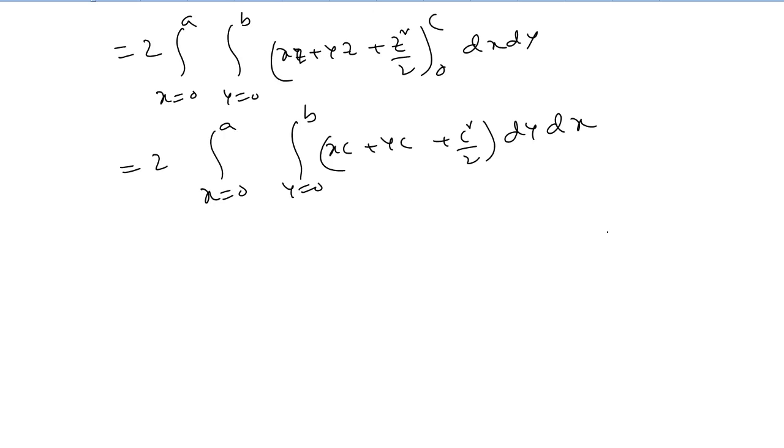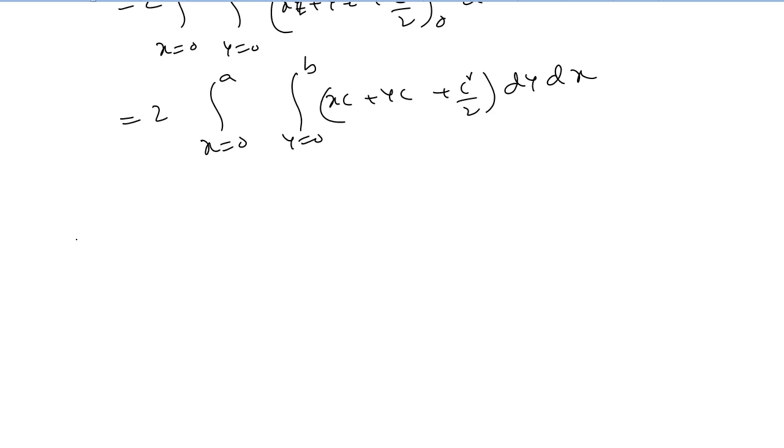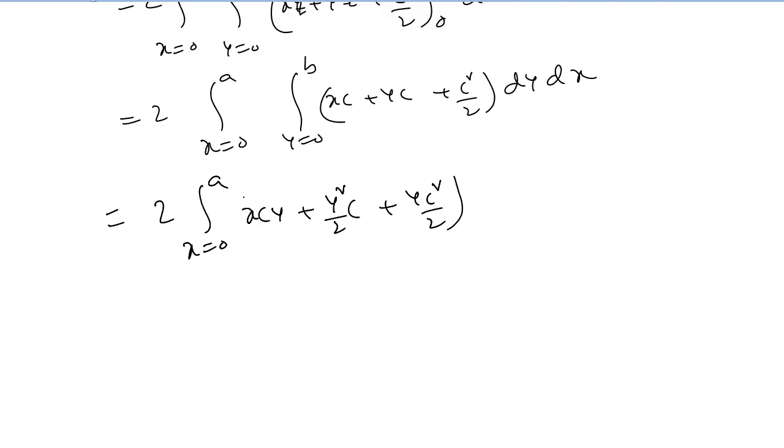Now integrate with respect to y, x is 0 to a. Integration with respect to y: xcy plus y square by 2 into c plus yc square by 2, from 0 to b, dx. x is 0 to a.